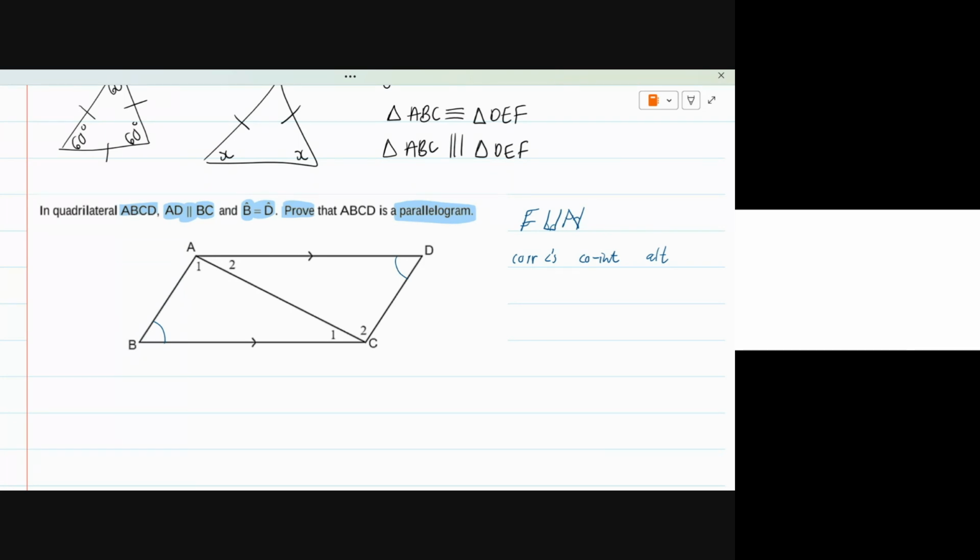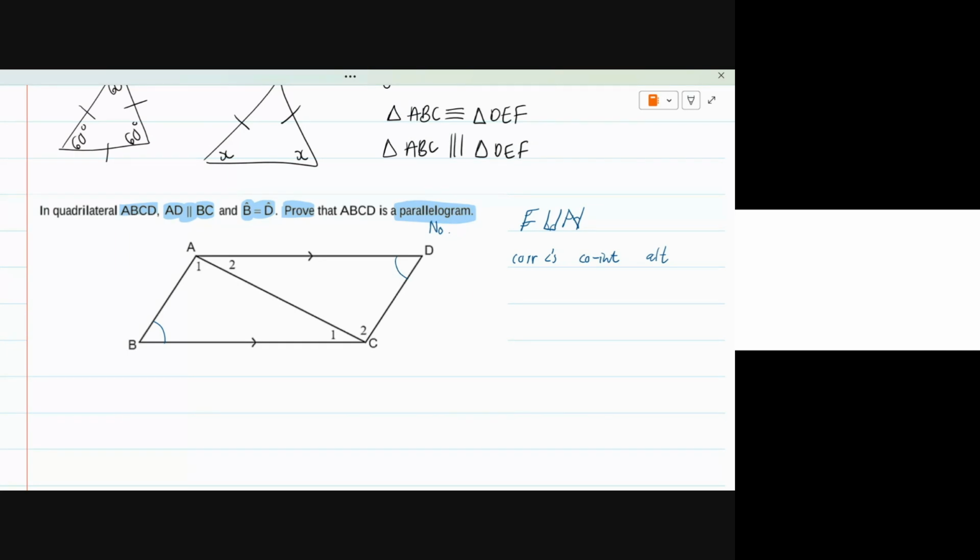Guys, we don't know. We don't know that it is, because it's our job to prove that it is. So we can't go off the premise that we already know the properties of a parallelogram. No, we are proving that this particular shape is the parallelogram.